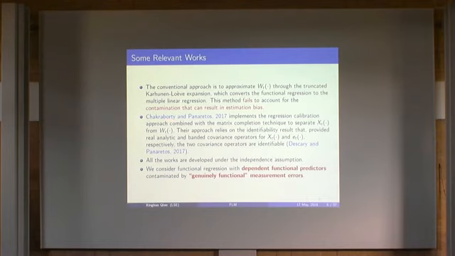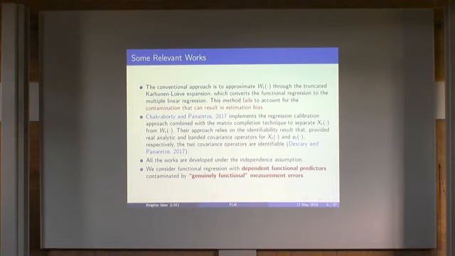Later, a recent paper implements the regression calibration approach with a matrix completion technique to separate the true signal from the observed predictor. Their approach is based on an identifiability result: provided real analyticity for X and a banded covariance structure for E, the signal and error can be identified.